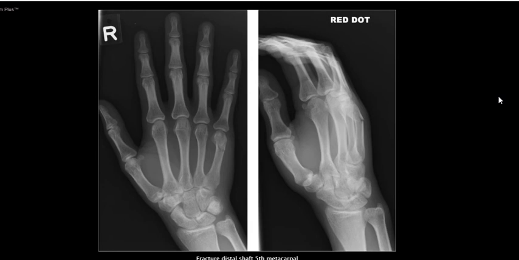But moving on to fractures of the metacarpal bones now. Commonly seen are fourth and fifth metacarpal fractures because they are usually displaced fractures and rarely missed.